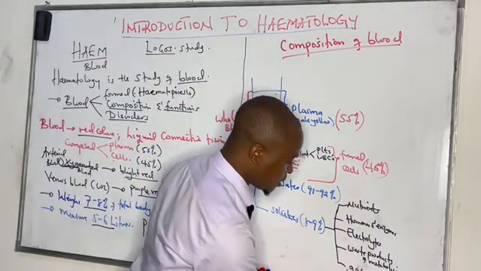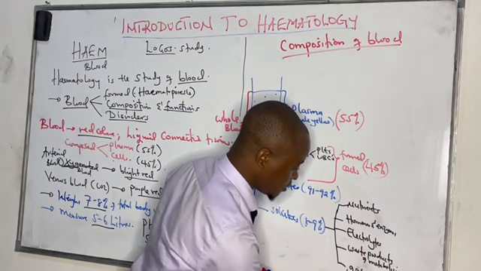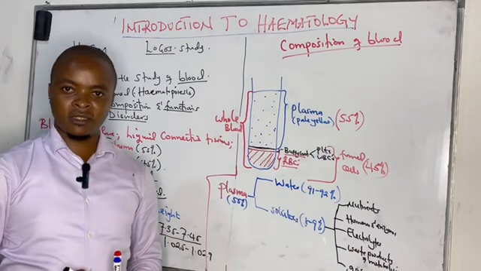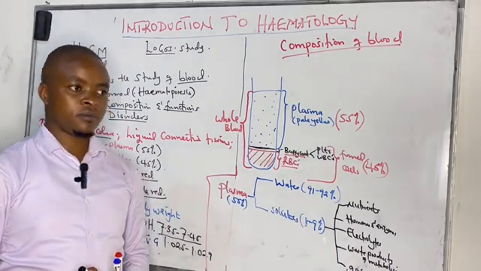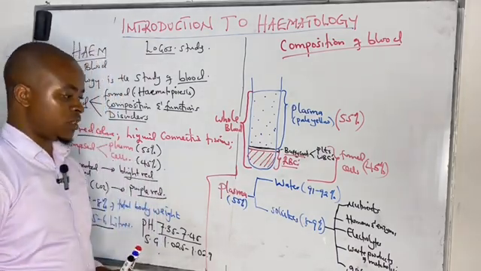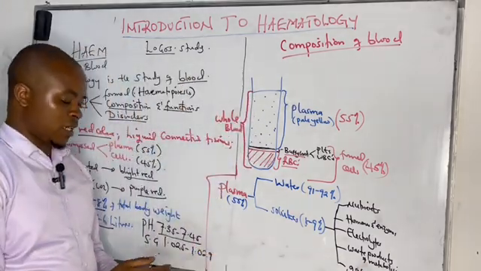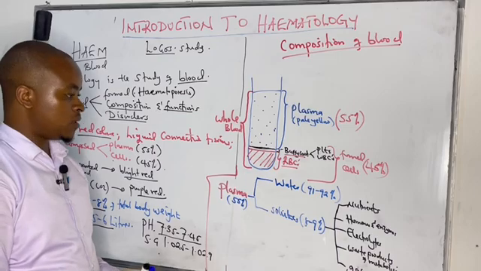Gases, majorly we see oxygen and carbon dioxide as the major gases found in the body. Of course, plus nitrogen, when you can find nitrogen there. But majorly it is oxygen and carbon dioxide.